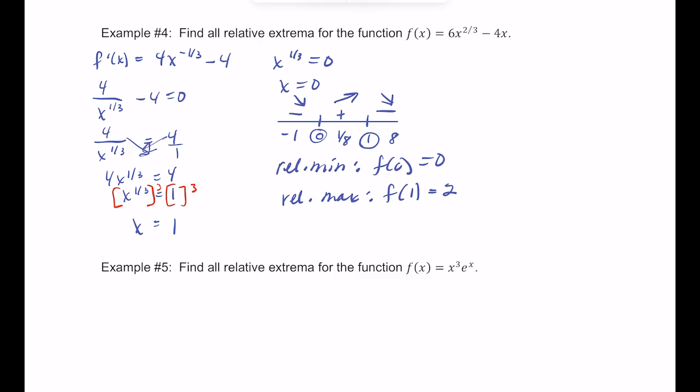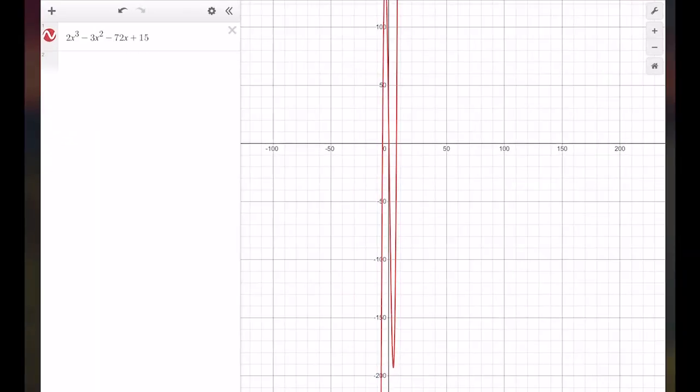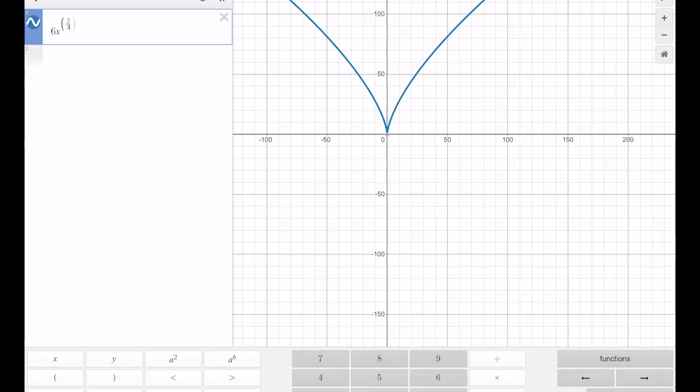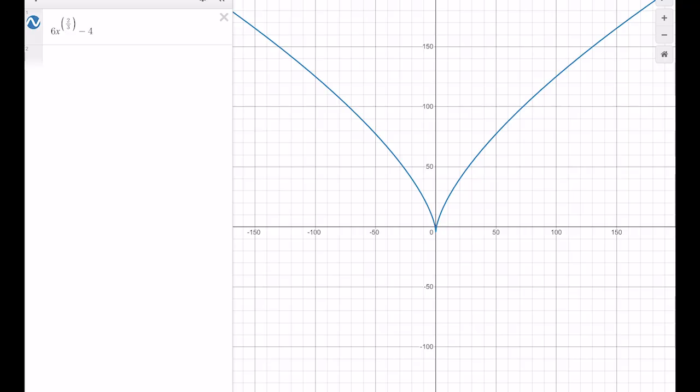Let's take a look at the graph and see what we have here. So I've got 6x to the 2/3, and you'll probably have to put 2/3 in parentheses when it's an exponent. And then you've got minus 4x. So you can see here that the function does decrease from -infinity to 0.